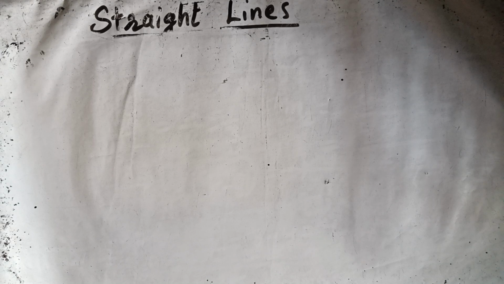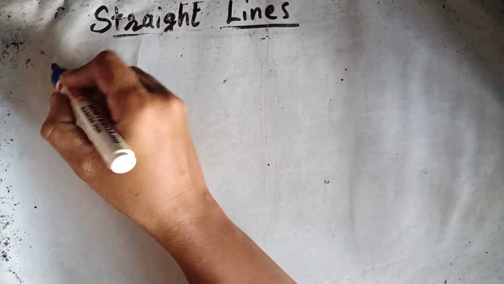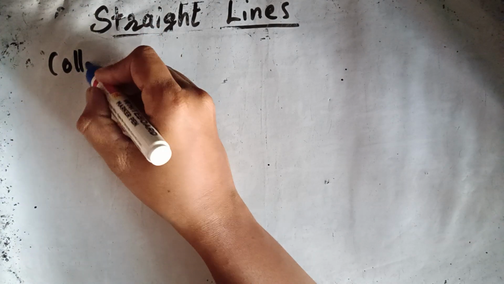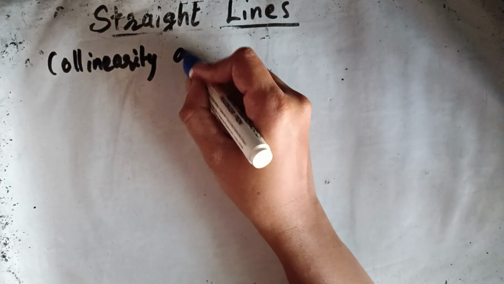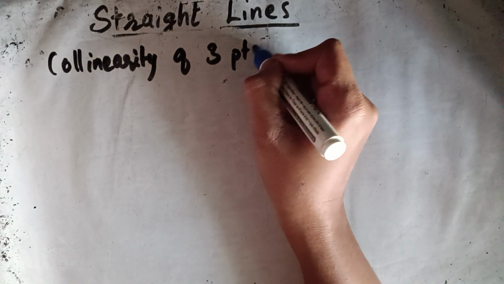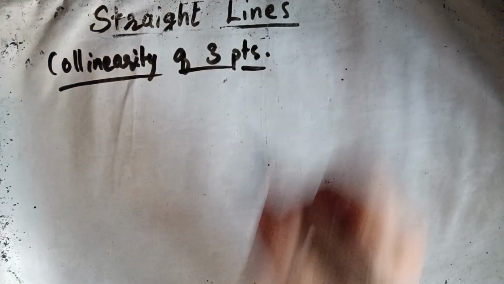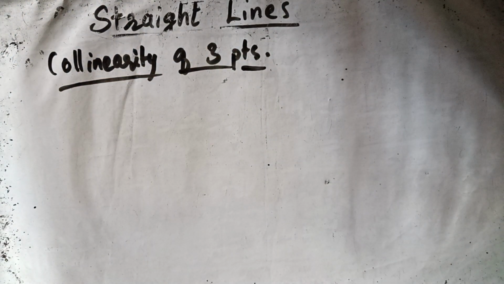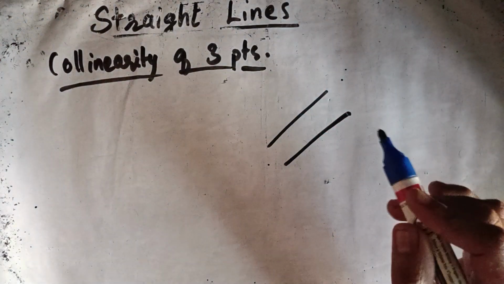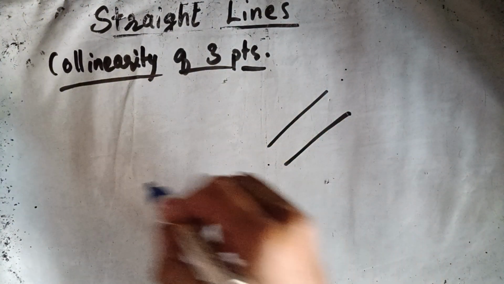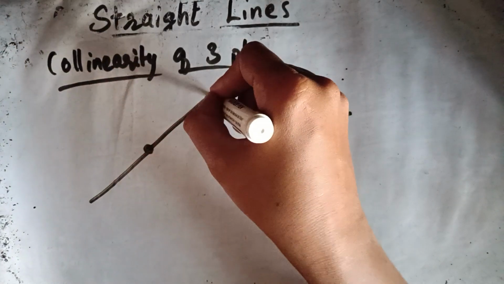Next subtopic is collinearity of 3 points. So collinearity of 3 points means what? Here they have taken two lines which pass through a common point, so they are joined like this.